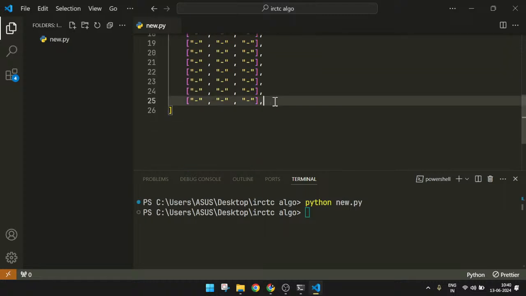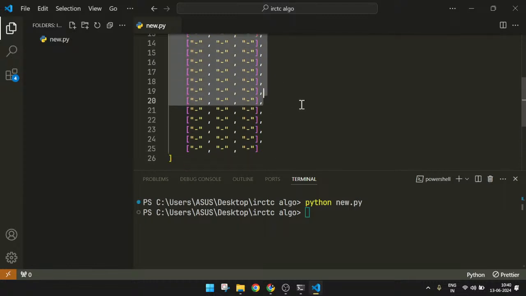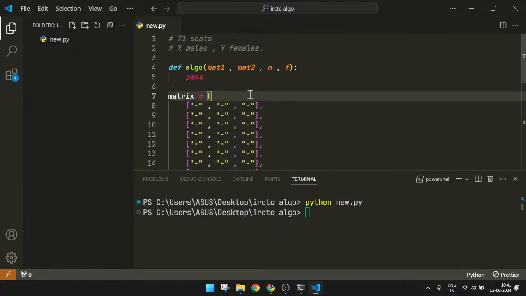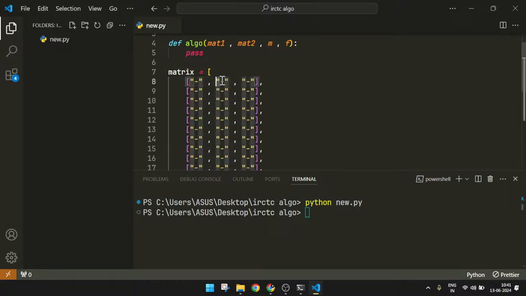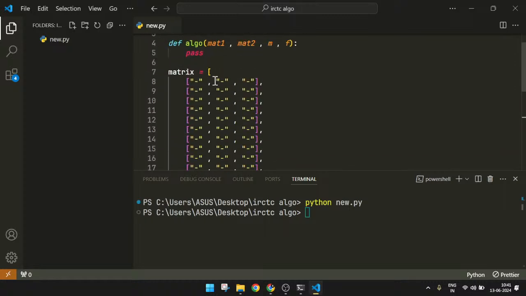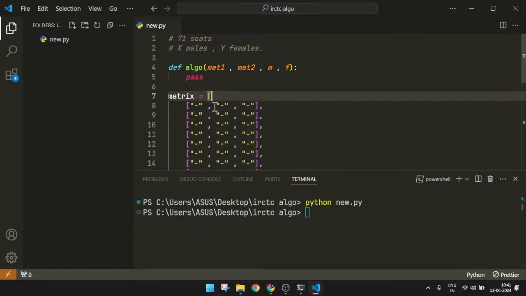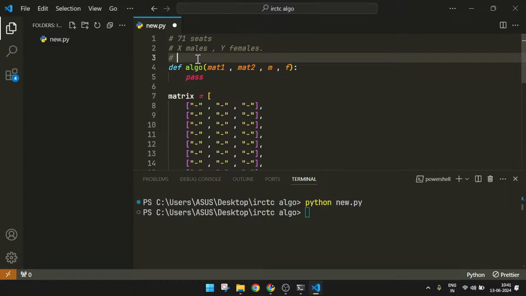I think this will be the data structure that I would be using. What is the dimension of this matrix? It's 3 by 18.